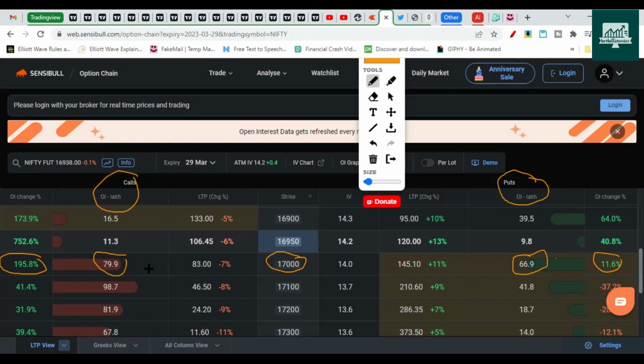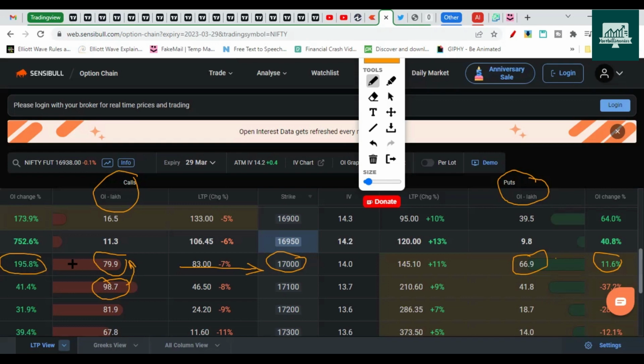The biggest number is at 17,100, but this is going to shift lower and 17,000 should become the resistance now. In Monday's first 15 to 30 minutes itself, this number will significantly increase because people at 17,100 will shift lower to get more premium.